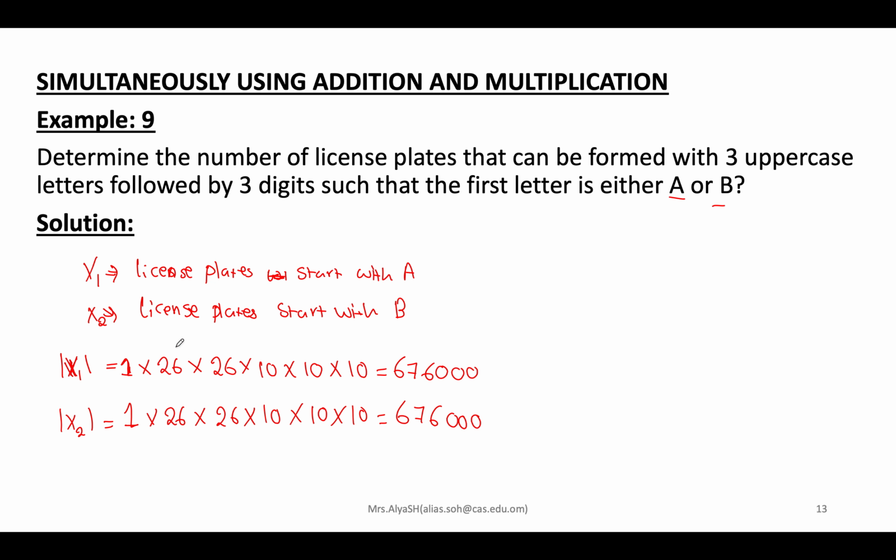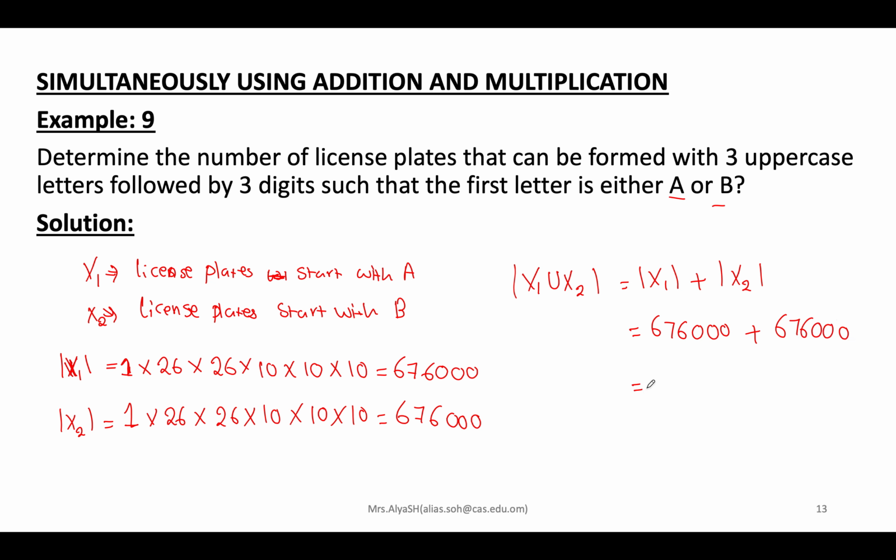Then we got 676 and 3 zeros. Now in order to find how many will be starting with either A or B, I need to find the union. So here we got the number of elements in A plus the number of elements in B: 676,000 plus 676,000.